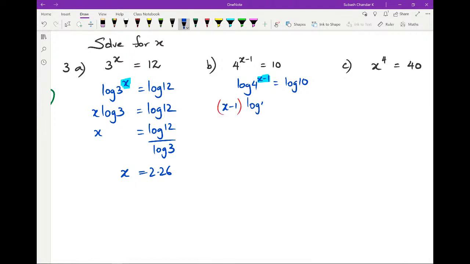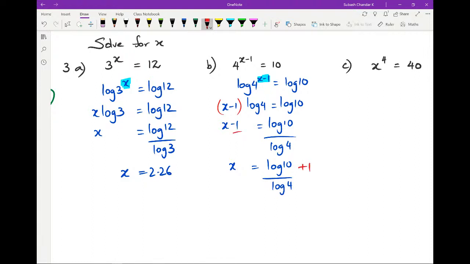Multiplied by log 4 equals log 10. So then we can say that x minus 1 equals log 10 divided by log 4. So at this point, I'm going to do a bit of a lazy thing, and I'm just going to leave the log 10 and log 4 as it is. But I'm going to move that minus 1 to the other side to make it plus 1.